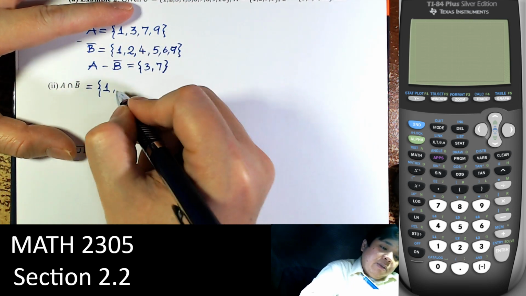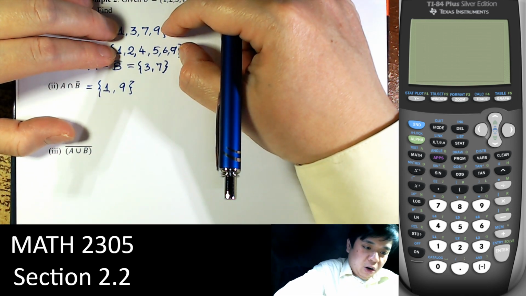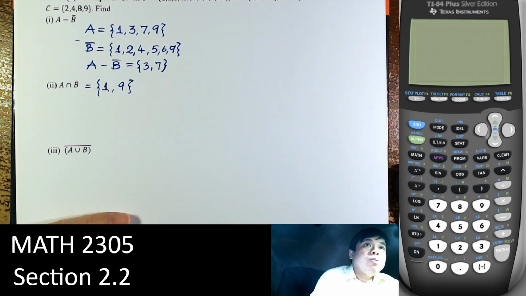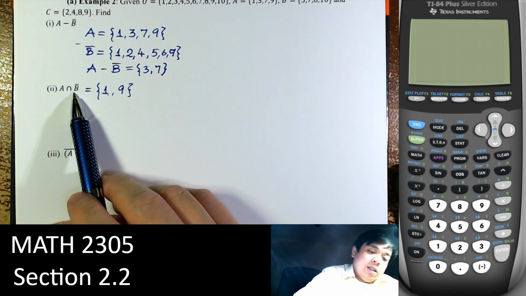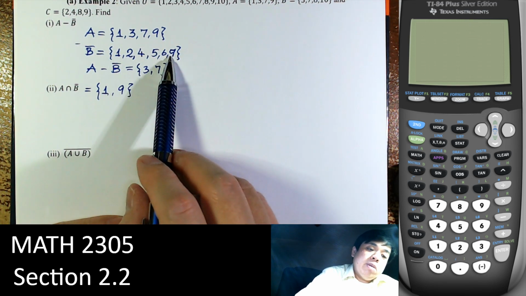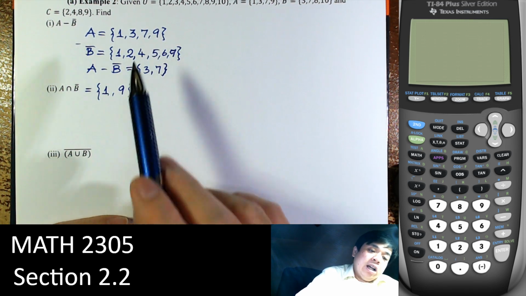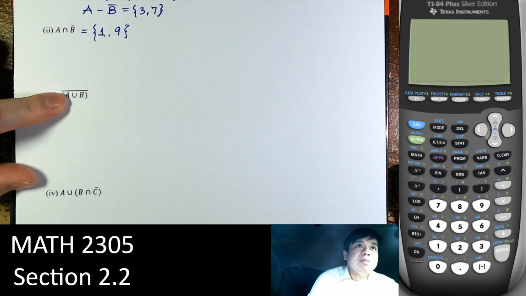None of them except 1 and 9. Right? The others are not overlapping. So that is the intersection of A and the complement of B. This is the complement of B, and they have 1 and 9 in common.